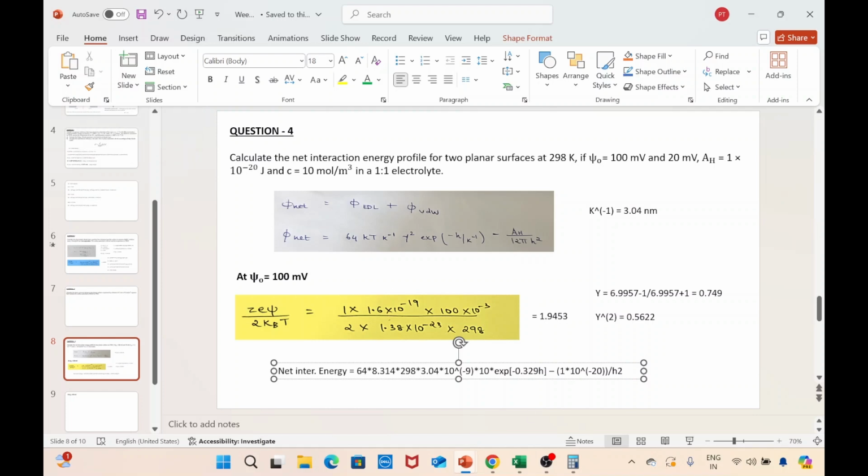So this is the net interaction energy of your two planar surfaces which have the surface potential of 100 millivolt in a 1:1 electrolyte with a concentration of 10 mole per meter cube.